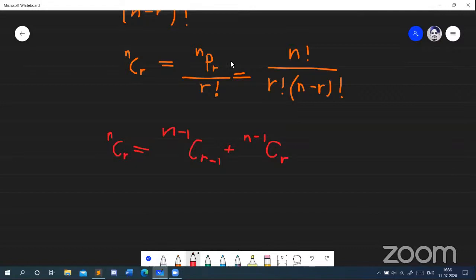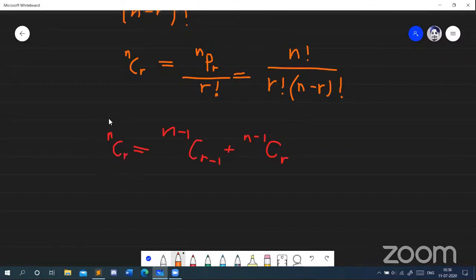But one way to prove this identity can be to expand these, right? You can use the formula n factorial over r factorial times n minus r factorial. But we're not going to do that. Instead, we're going to invoke the principle of bijection, and that'll simplify all the calculations for us. How? The left hand side says n choose r.